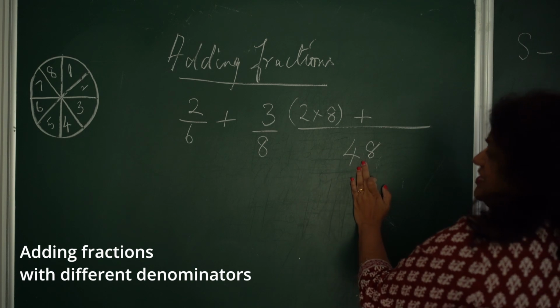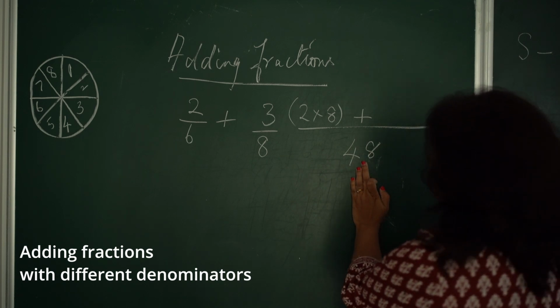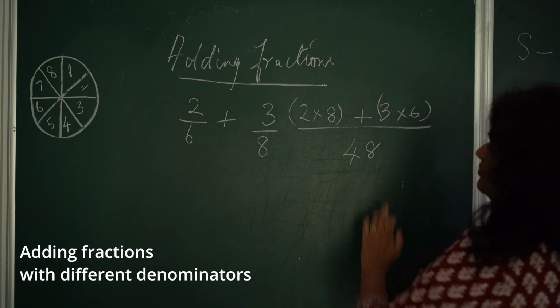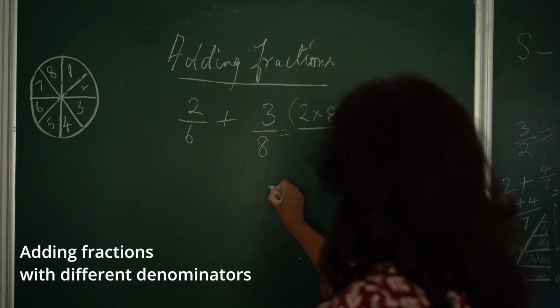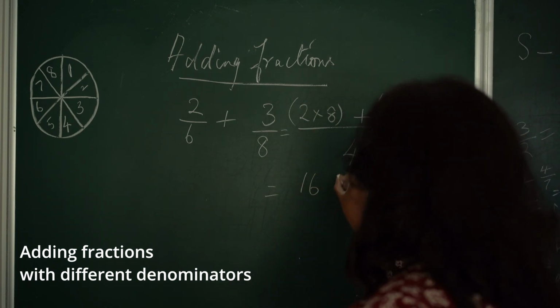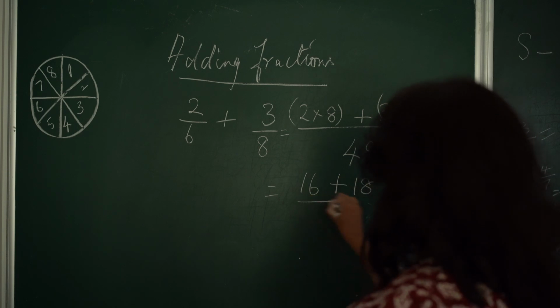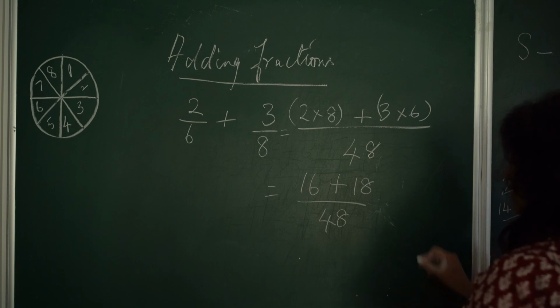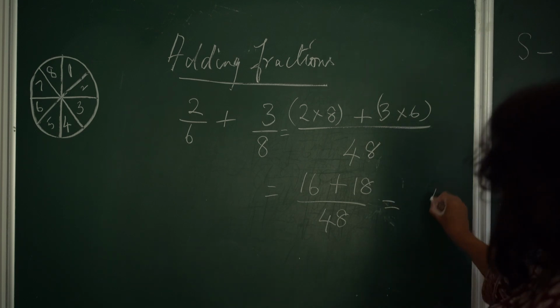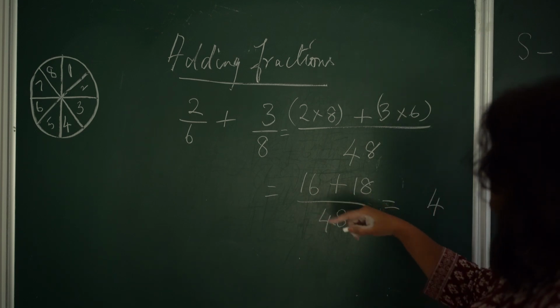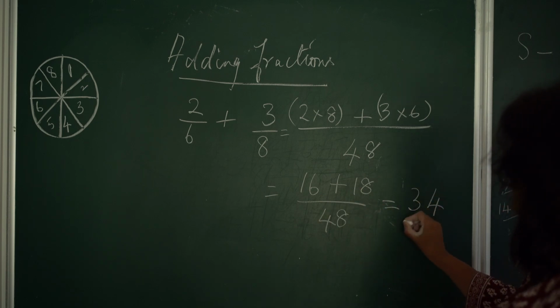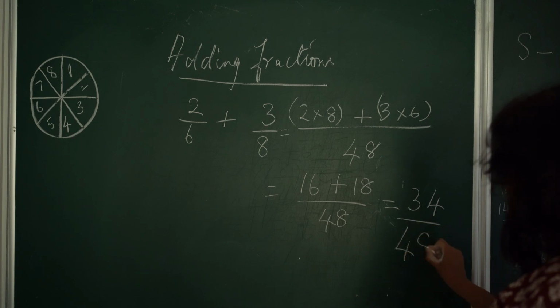8 goes in 48 6 times. So 3 multiplied by 6. So I will have a total of 16 plus 18 divided by 48, which is 34 by 48.